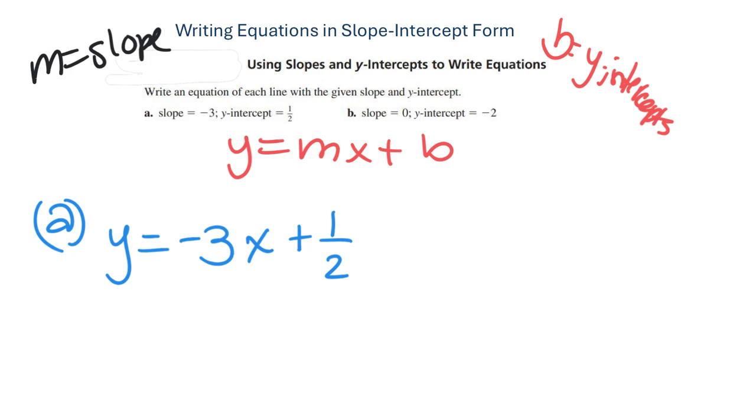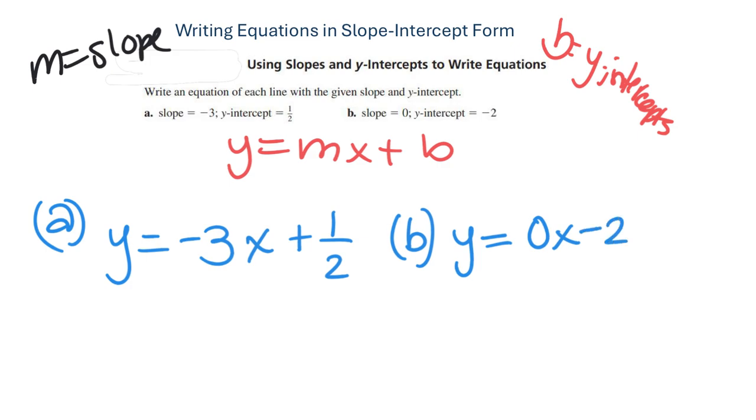In B, we're given the slope and the y-intercept. Are we given y on B? No, right? Were we given a slope? Yes. And what is our slope? 0. So it's going to be 0x minus 2.